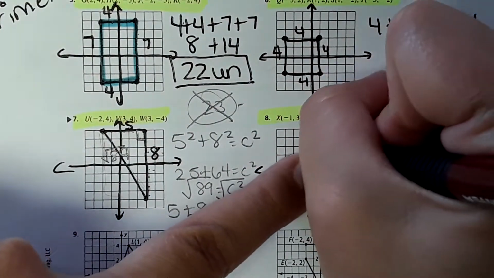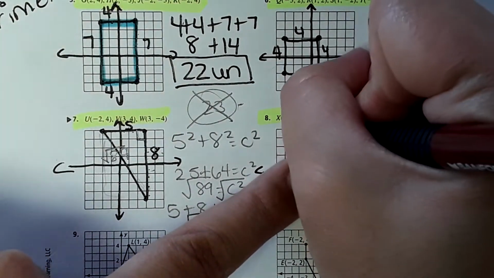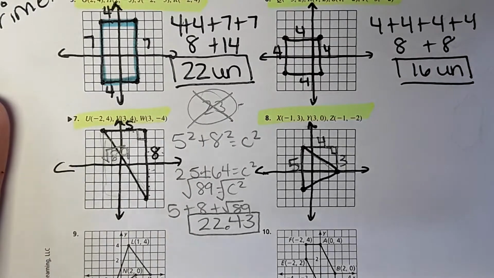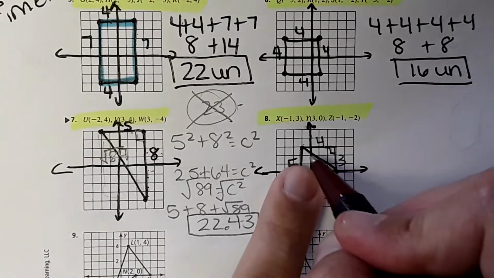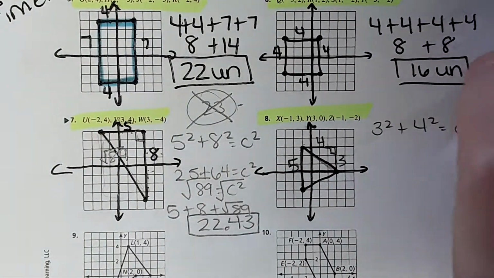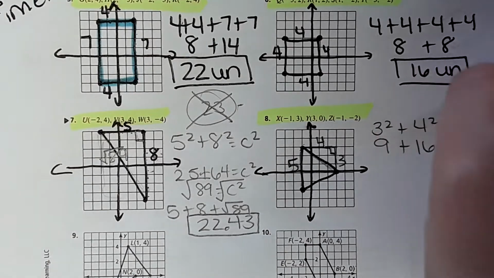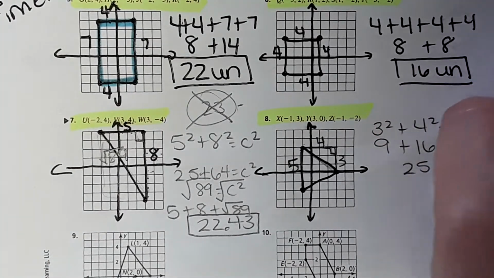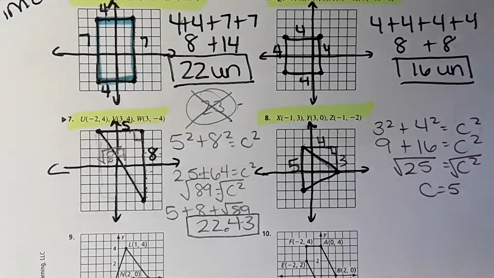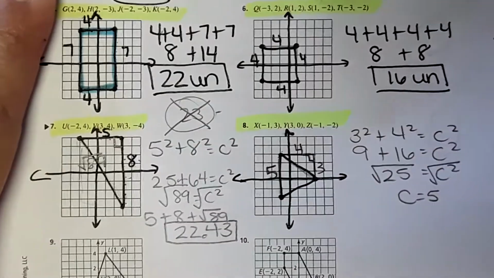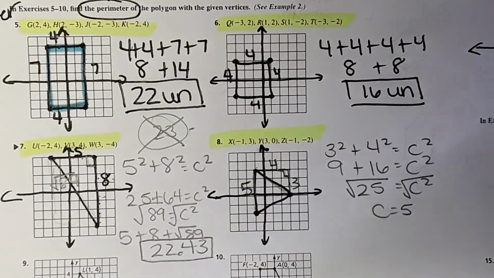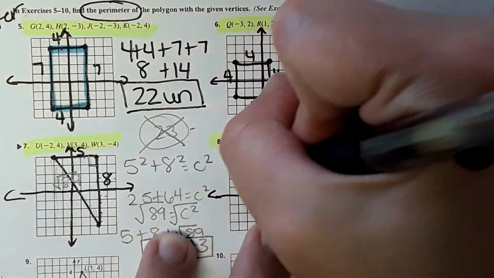And then I can use that, you can see what I'm doing. Okay. Then I would use that to solve for this length here. So 3 squared plus 4 squared equals c squared. Okay, we solved for it and we got 5. So that distance, I wish I had a different color to work with, but I don't. This distance right here is 5.